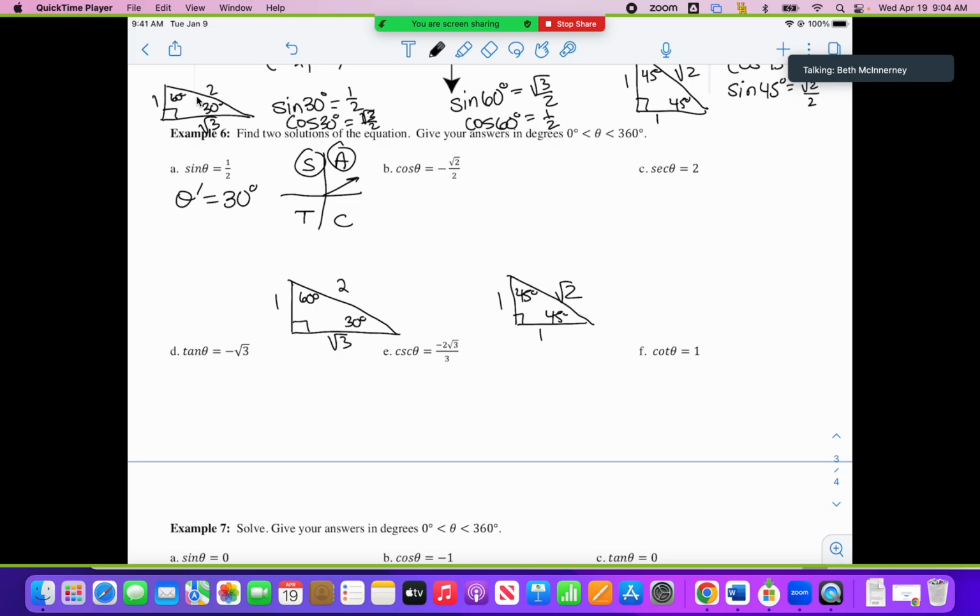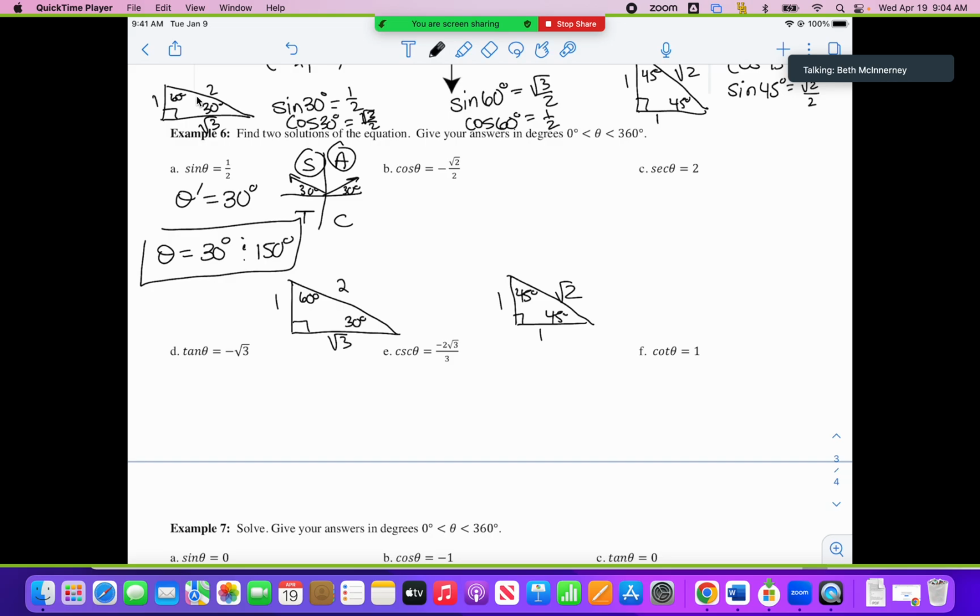Then the 30 degrees is my reference angle. Well, in the first quadrant, it is itself, so 30 degrees. Then, William, what's the angle in the second quadrant that's 30 degrees away from the x-axis over there? 150. Awesome, 150. So these are my two solutions.